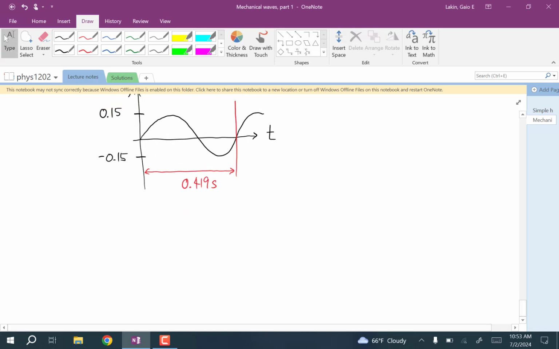Okay, now we're going to talk specifically about a transverse wave along a string. There are a few other things that we know about that. You can think of this as like a guitar string, a wave traveling along a guitar string or something like that.